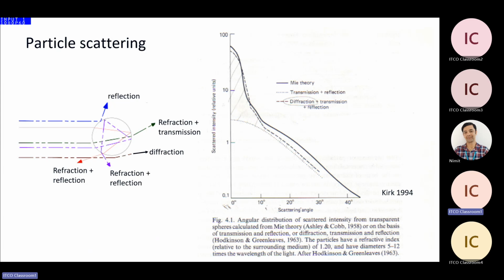There are really three different processes: reflection, refraction through the particle, and diffraction. Diffraction is interesting because this is light that comes close to impinging on the particle, but doesn't. It travels next to the particle, but the electrical fields from the particle influence the light, and it's scattered around the particle.